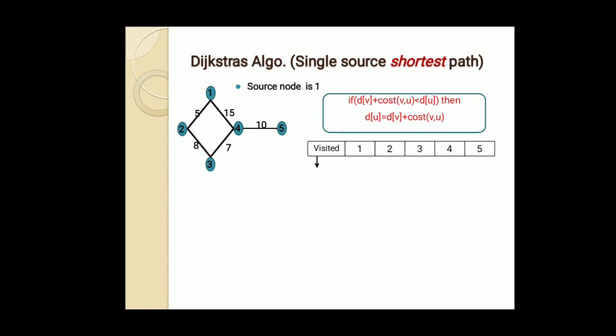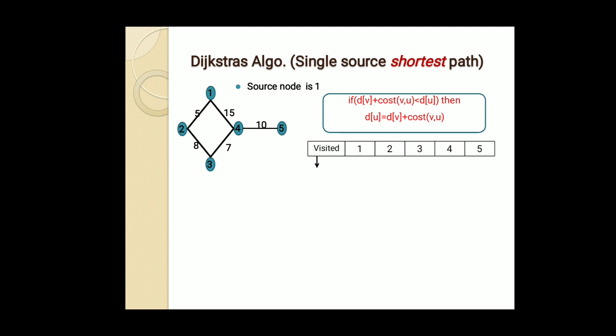So as in the previous equation, v will be visited, u is an unvisited vertex, and the cost of uv would represent the weights we have: 5, 8, 7, 15, 10, whatever the weighted numbers are.